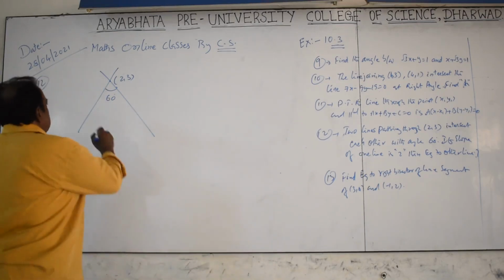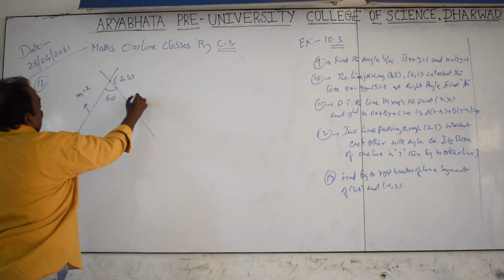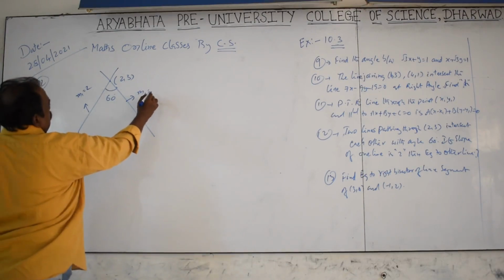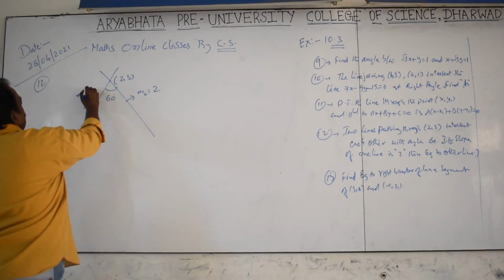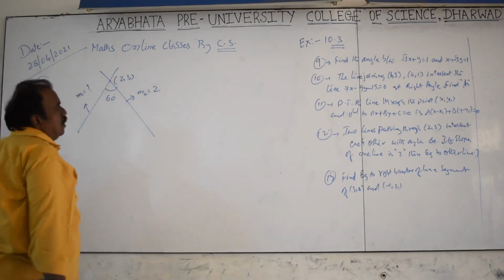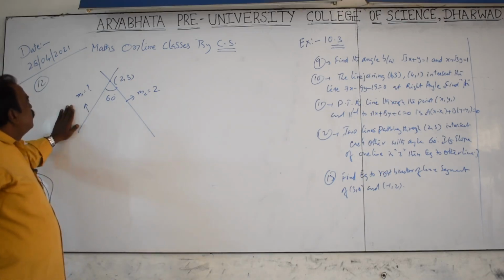And here, you see, m1 is equal to 2 and m2 we don't know. Now we have to find the line 1 equation.